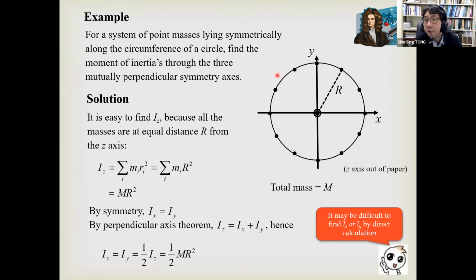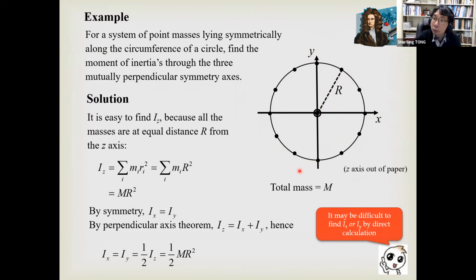Now, suppose you are given this configuration. Suppose we have a lot of point masses. We don't even have to specify how many there are. There may be many of them. And these point masses are evenly distributed along the circumference of a circle which has a radius r. The distribution is symmetrical with respect to the x and y axes.